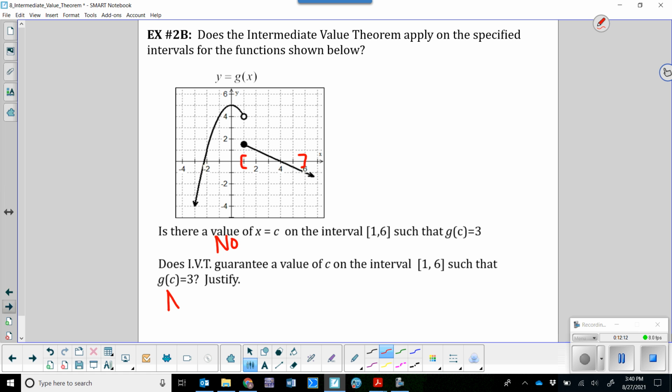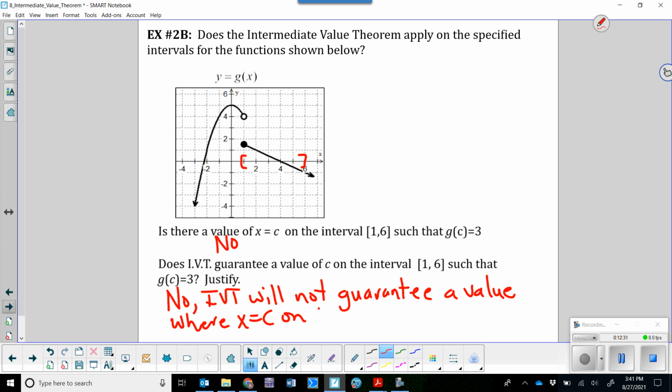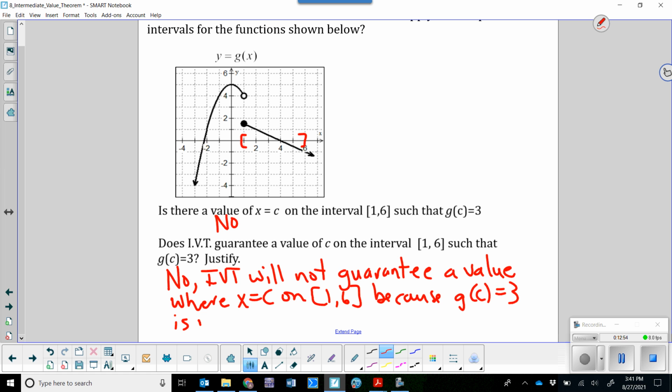Well, again, no. The intermediate value theorem will not guarantee a value where x equals c on the interval from 1 to 6, and that's because g of c equals 3 is not in the interval.